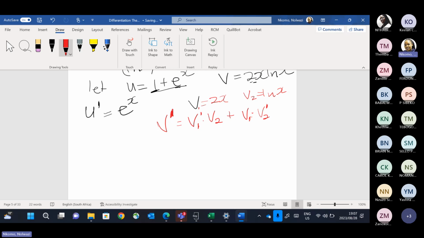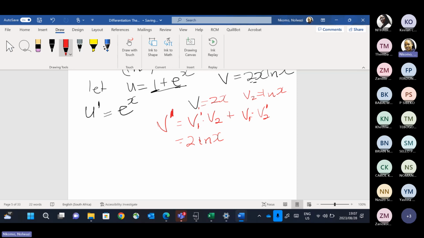If v1 is 2x, that means your v1 prime would be 2, right? So we have 2 times v2, which means we have 2 ln x, right?